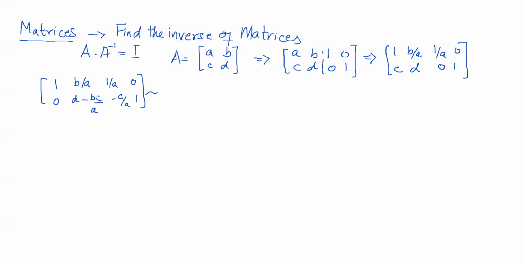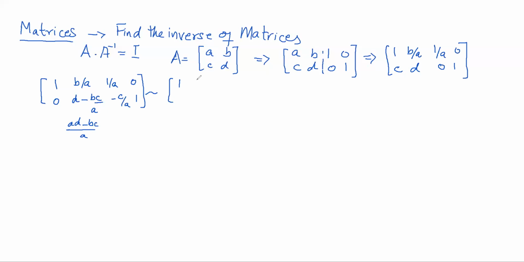Now we need to make this entry 1. Let me simplify it a little bit. This is AD minus BC over A. This means I need to multiply this row by A over AD minus BC.